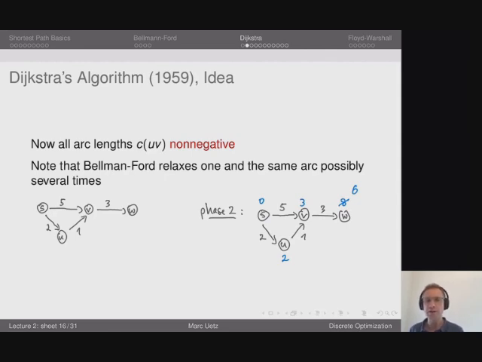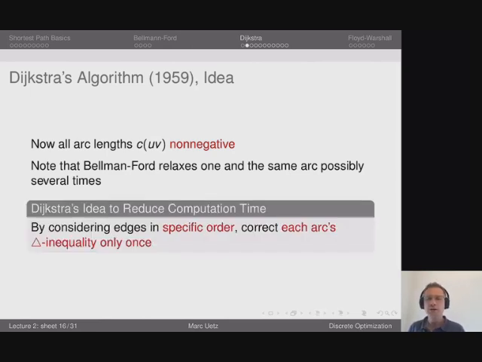And that is something that can actually be avoided when the arc lengths are non-negative. And that's exactly the idea of Dijkstra's algorithm. I try to consider the edges in a very specific order. And by doing that in a more clever way, I can make sure that I need to correct each arc's triangle inequality only once.